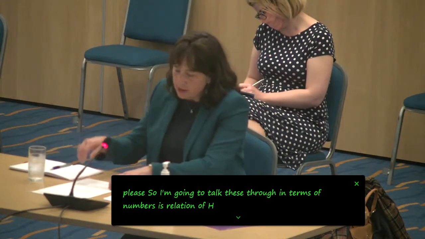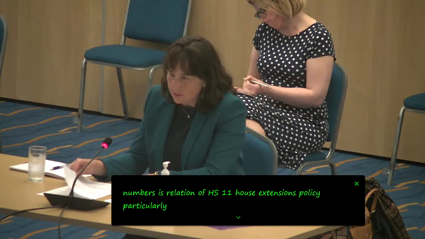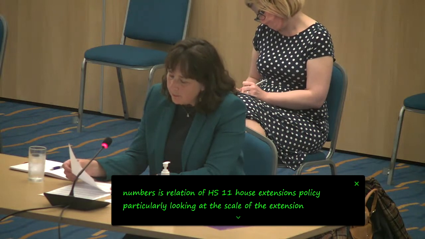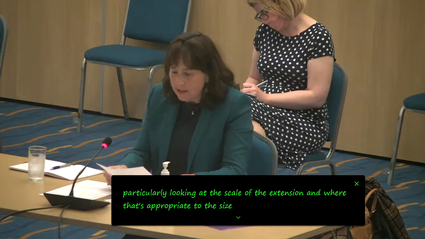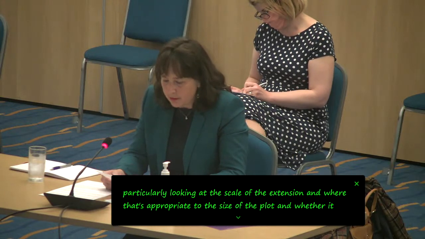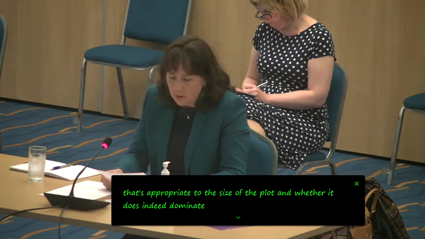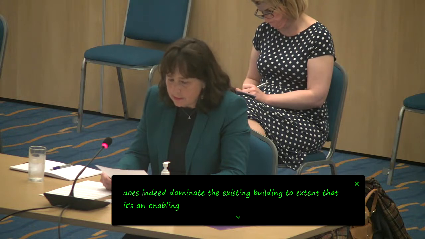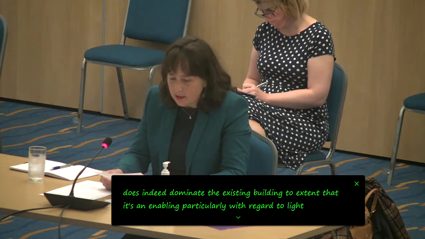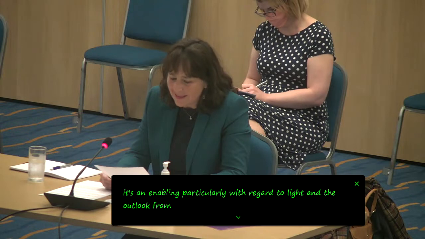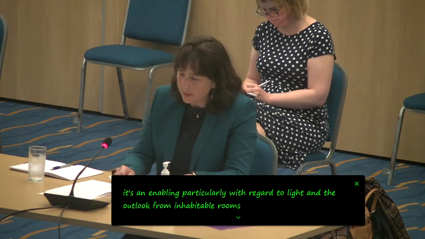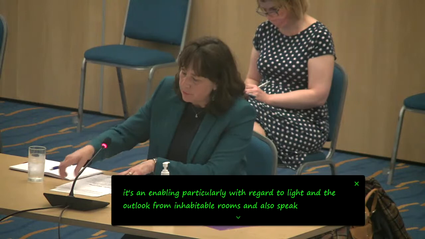It's in relation to HS11, House Extensions Policy, particularly looking at the scale of the extension and whether that's appropriate to the size of the plot and whether it does indeed dominate the existing building to the extent that it's unneighbourly, particularly with regard to light and the outlook from the neighbours' inhabitable rooms.